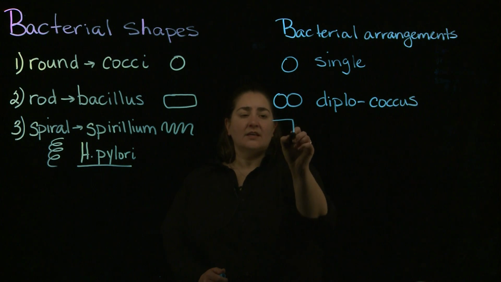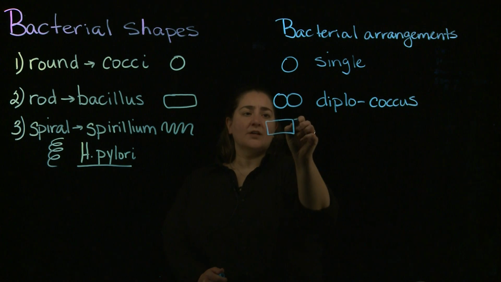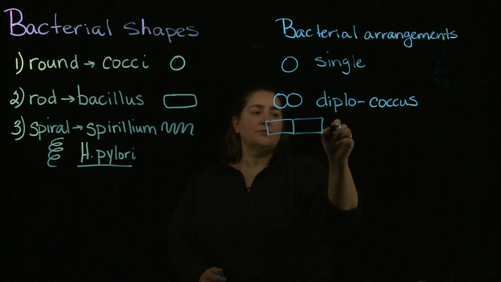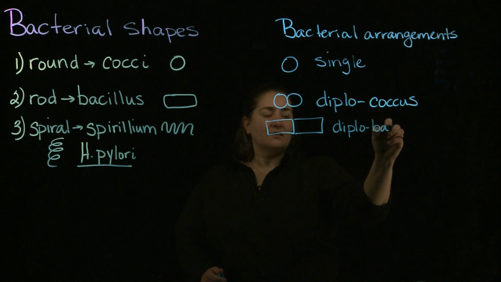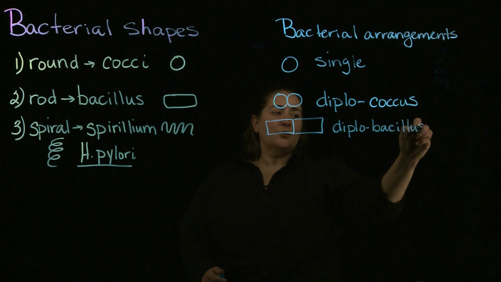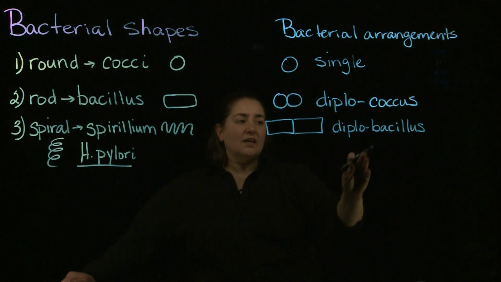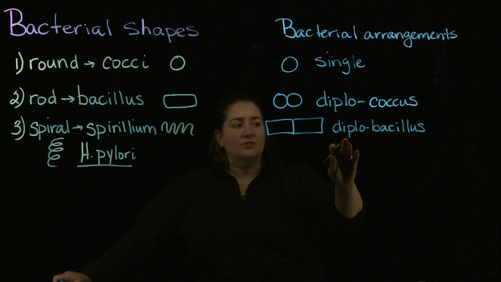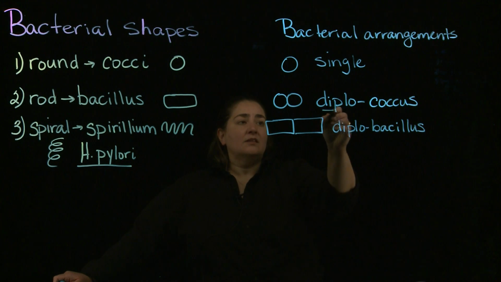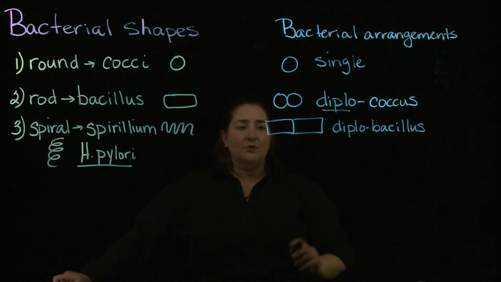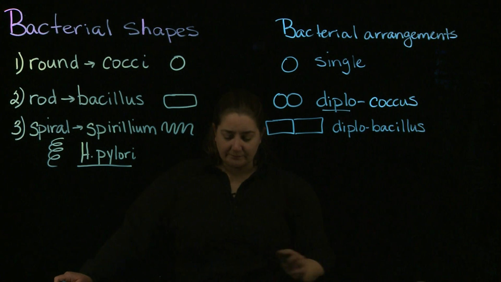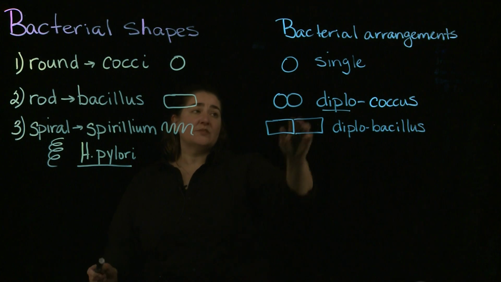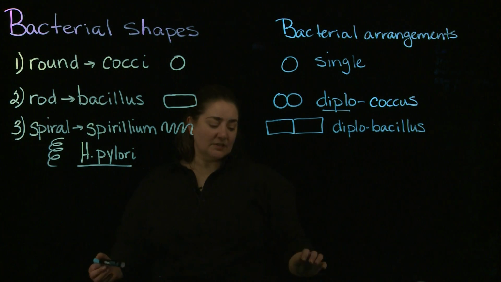If we had two rod-shaped bacteria together, it'd be Diplobacillus. I've put a hyphen in there just so that you see the difference between the arrangement and the shape. You would normally write it all as one word. So we can have singles, we can have doubles.